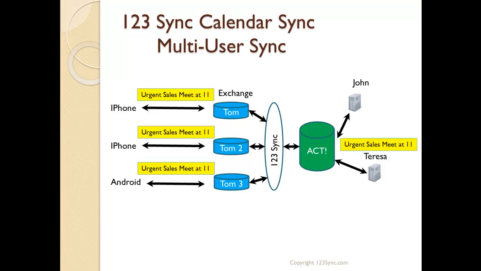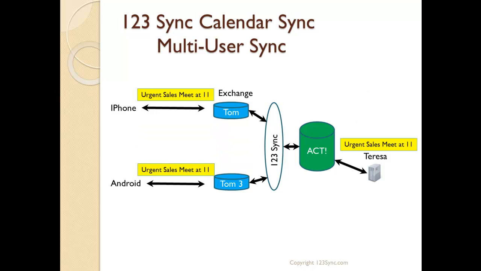So what 123 Sync does is manage these interactions of this particular meeting, which is urgent sales at 11, and it manages these requests and puts them all together into one meeting.